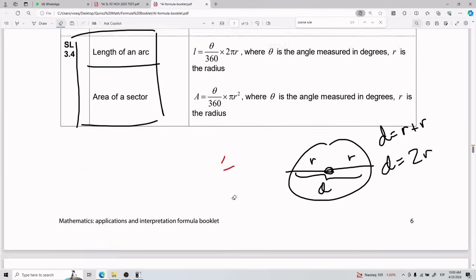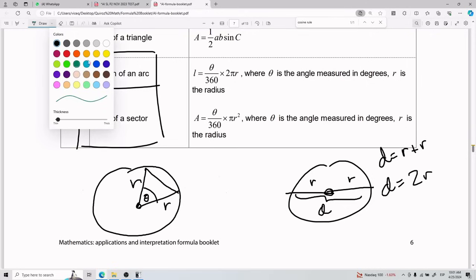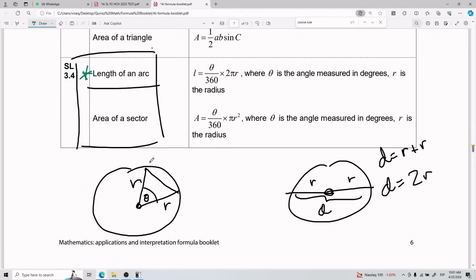Let's say you have this example here. Let's say this is R, and this is your angle theta. And this is going to be like a triangle that goes like that, okay? So if you were to use length of an arc, which I will put now in green, length of an arc gives you this.